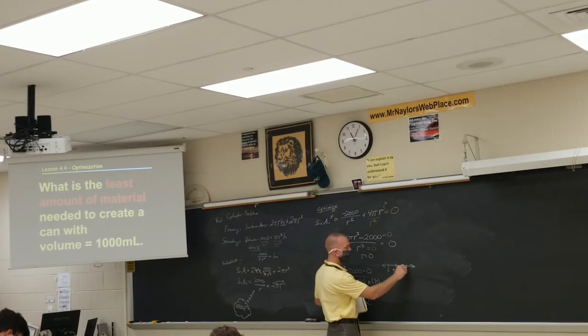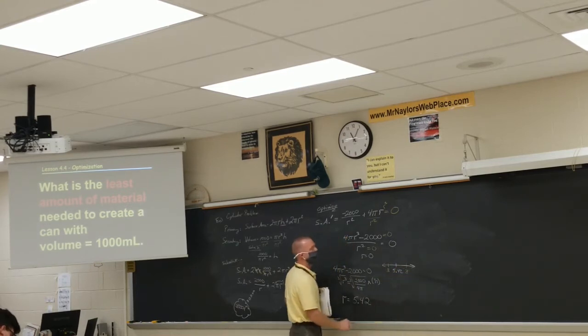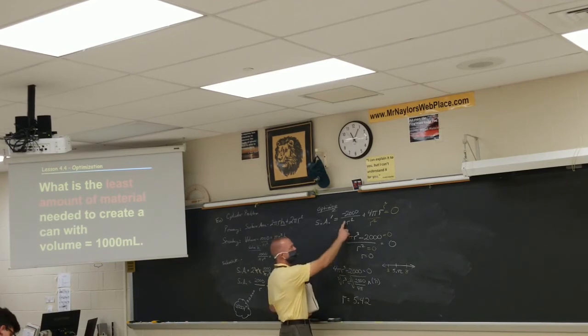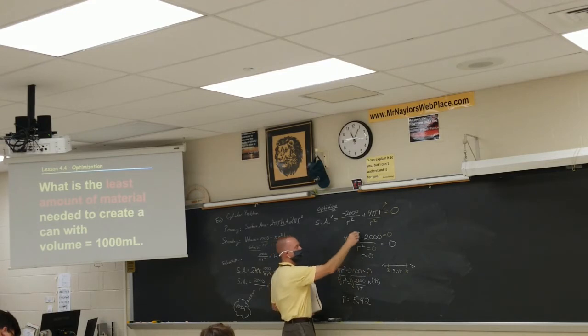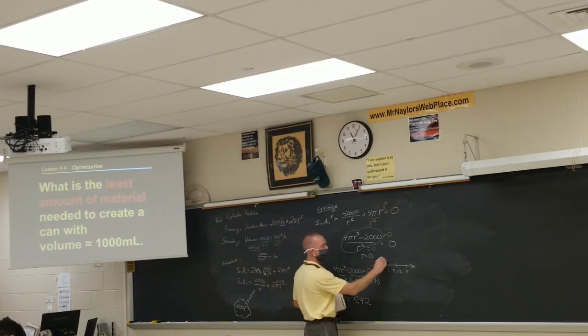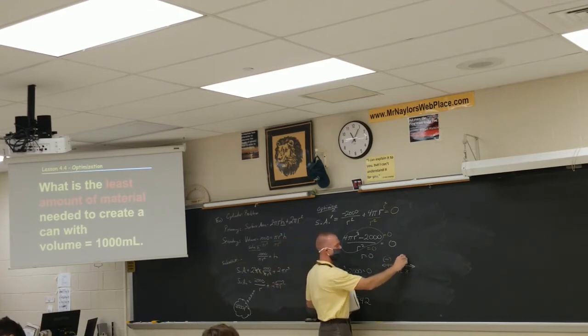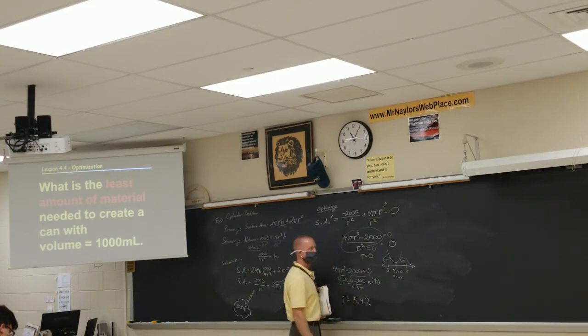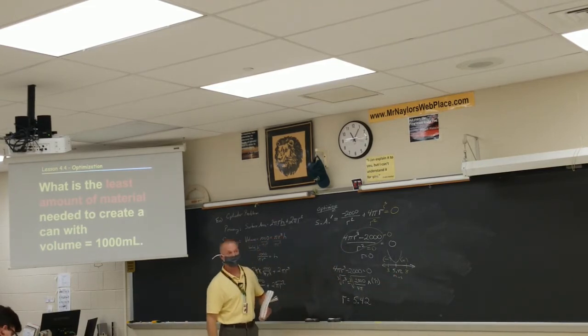And if I plug a number in on this side, I don't know, 8. Doesn't actually really matter. But if I plug them in to the derivative, I can check and just make sure that this side is negative and this side is positive, which means that my graph does go down and then go back up, which means that 5.42 really is a minimum.